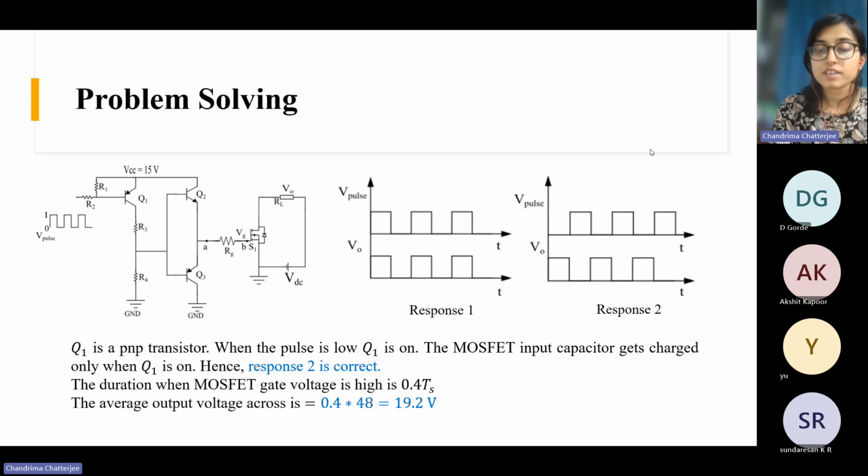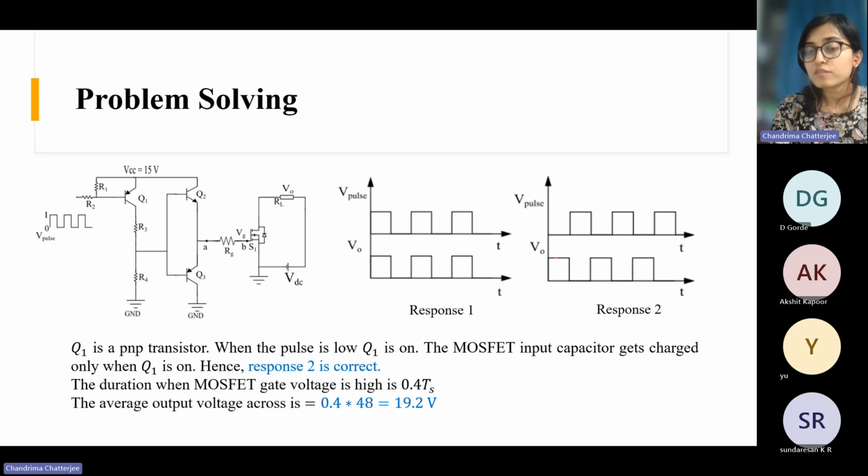So that's what I have explained to you: when Q1 is on, only then you will get the gate current here. And here they specified that this high pulse duration is 0.6 TS, so the rest of the duration is 0.4 TS. So the duty is 0.4.